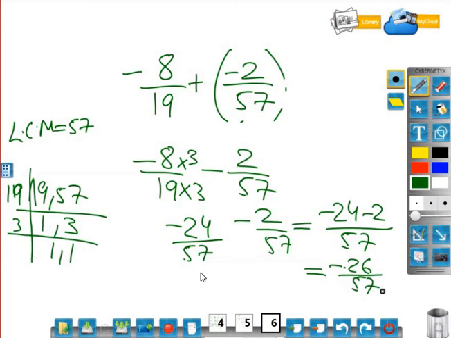Once again I remind you, addition and subtraction in fractions are only possible if they are like. This is the fundamental rule for fractions. If they are not like, make them like by taking the LCM or finding the equivalent fraction.